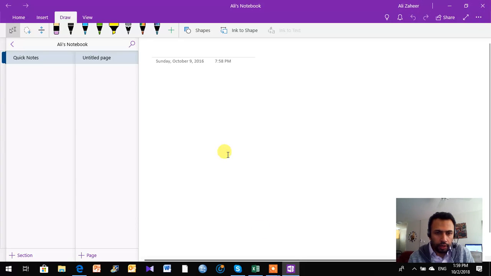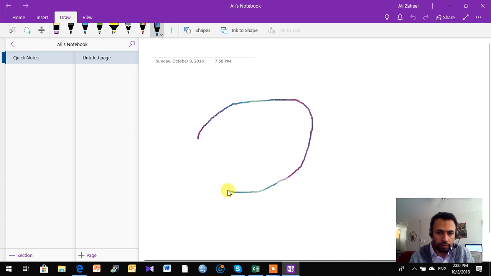Let's suppose this is one set boundary, and this set boundary is your area of interest.